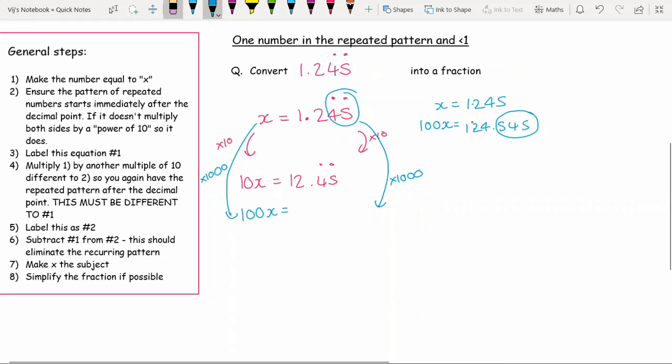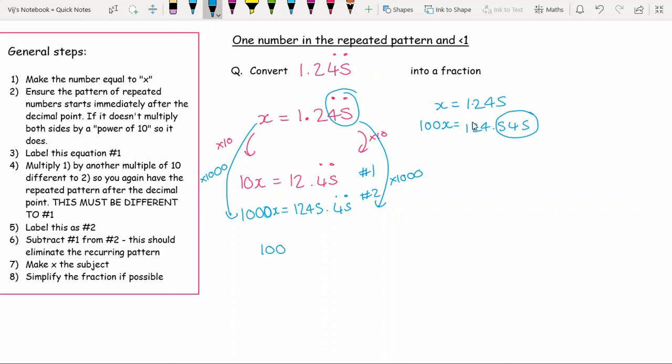I would like to say I made a deliberate mistake, but these mistakes do happen quite often. So I multiply it by 1,000 to get 1,000x equals 1245.45 recurring. This is now my equation 1, and this is now my equation 2.